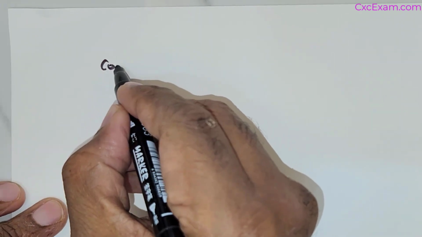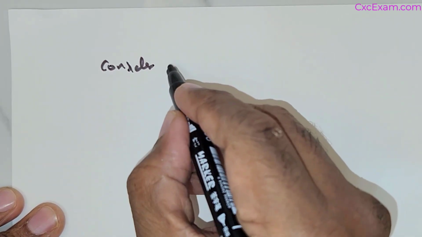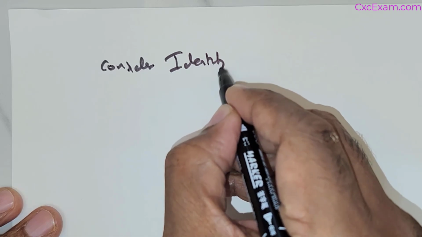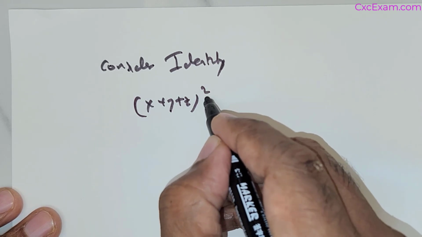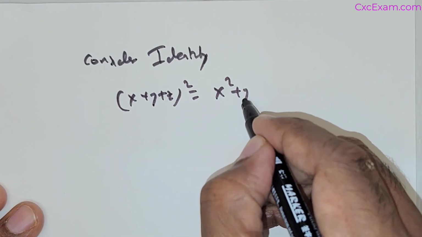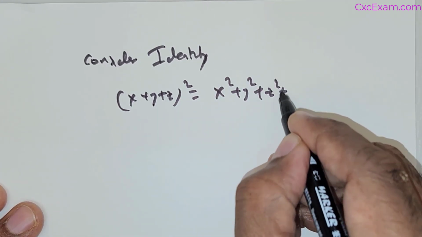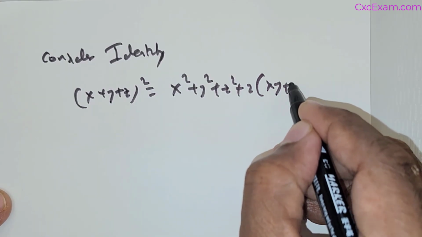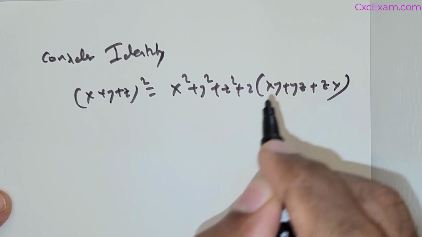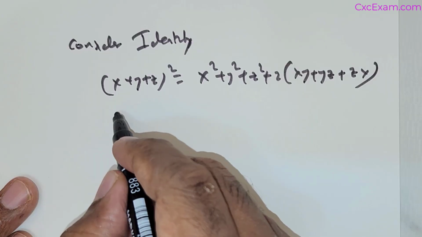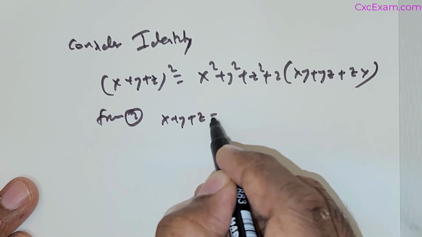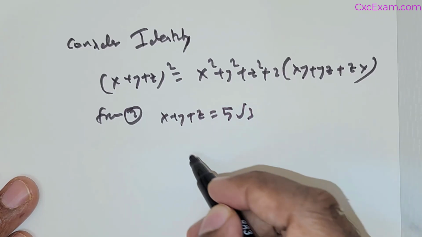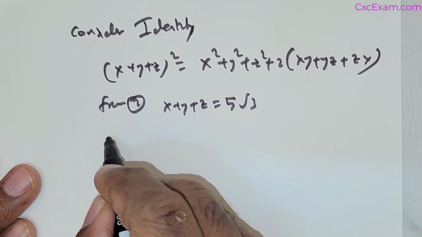So I will be utilizing this identity: (x + y + z) whole squared is equal to x squared + y squared + z squared + 2 times (xy + yz + zx). Now from 2 we got x + y + z is equal to 5 times root 3, and I will be substituting that there.